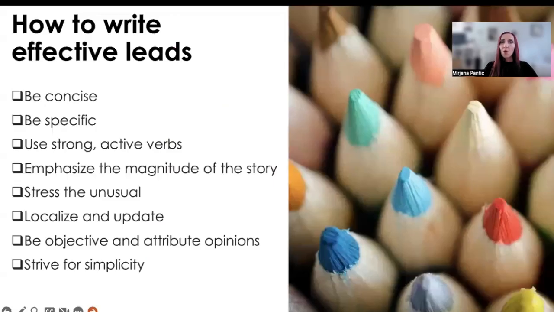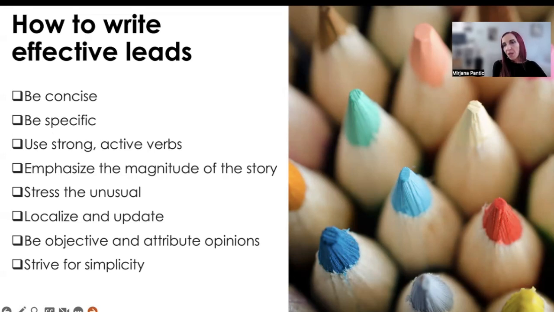Now, what are some other important things to consider if you want to make sure that your lead is effective? You need to be concise. That's why I showed you a couple of examples, and although some leads were a bit longer, I urge you, and this is why it is so difficult to write them, I urge you to say as much as you can in fewer words.